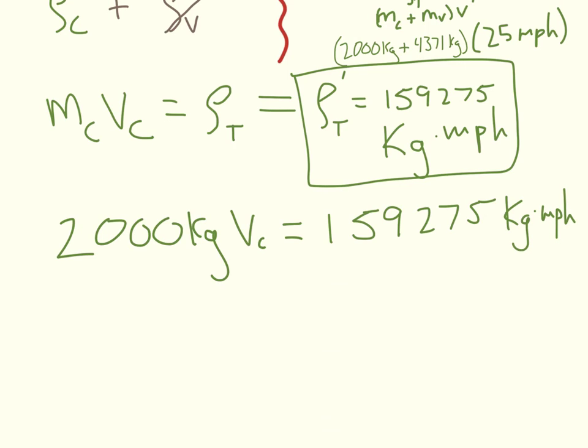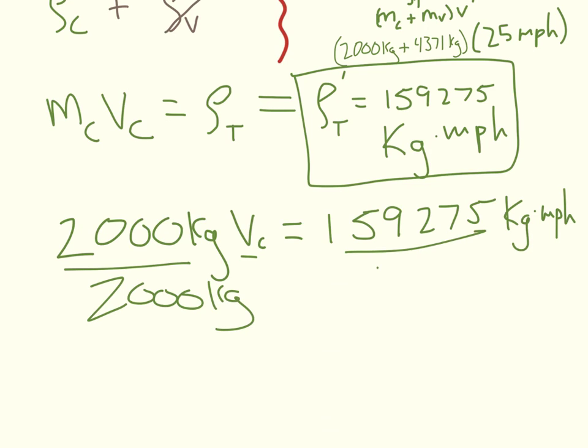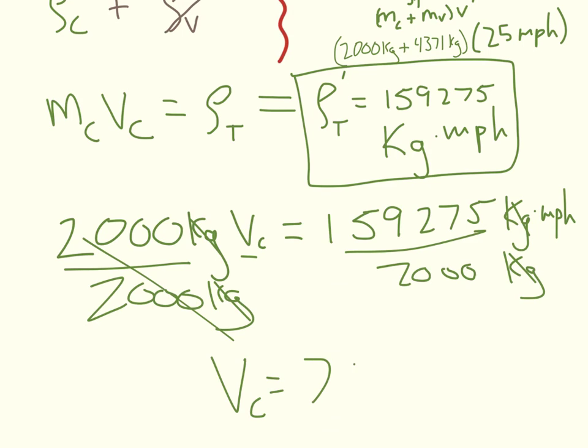Now, if you take a look here, the only thing we have left to solve for is the velocity of the car. So real quick, divide both sides by 2,000 kilograms. Kilograms cancel out, leaving us with miles per hour. And if you punch that into your calculator, the answer is 79 miles per hour.